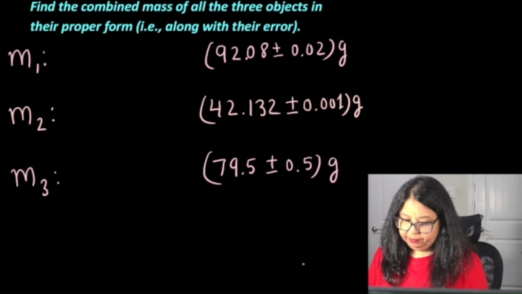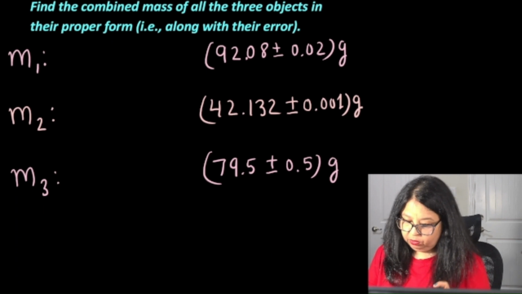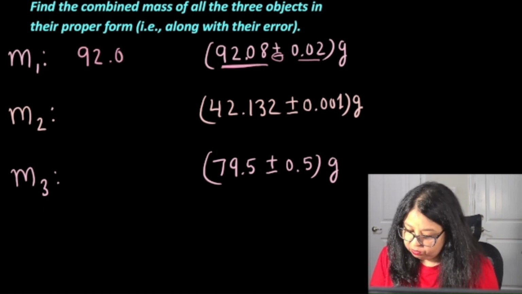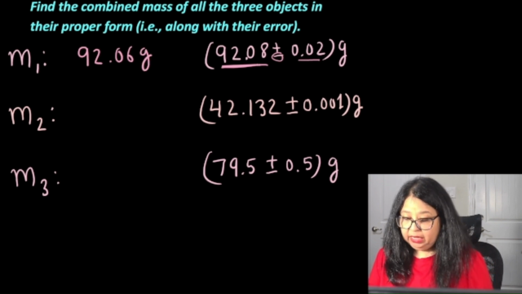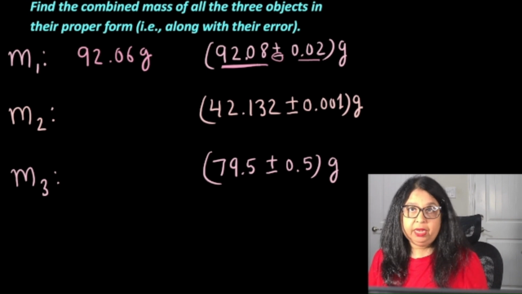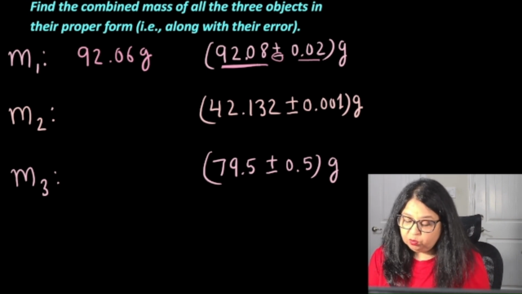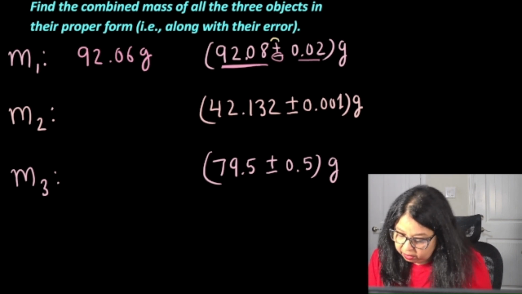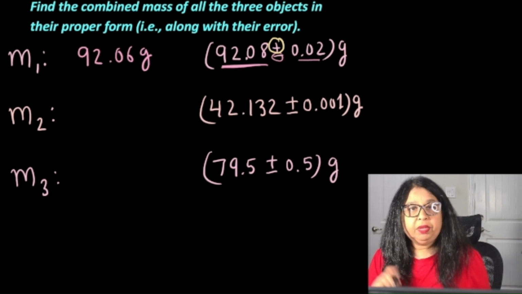Now, what does it mean? It means that the minimum value of M1 would be 92.06 grams. This is the least possible value for M1. M1 cannot be any smaller than this. And the largest possible value for M1 is going to be when this plus sign is being used.